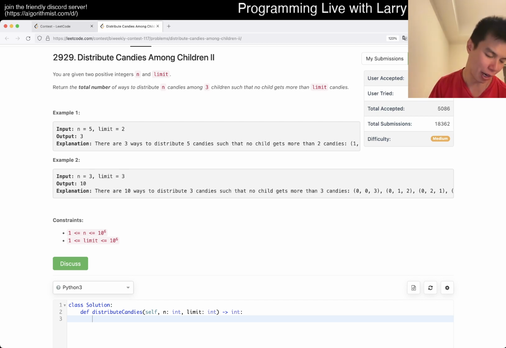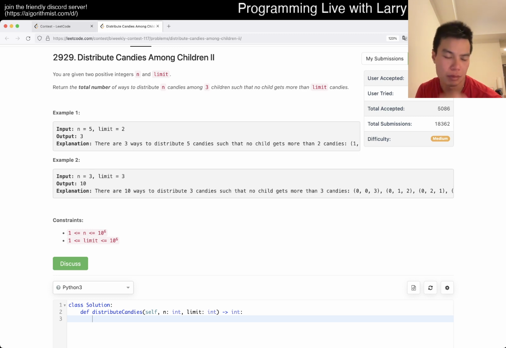I think this problem actually primed me for inclusion exclusion on the last one, but is it inclusion exclusion again?